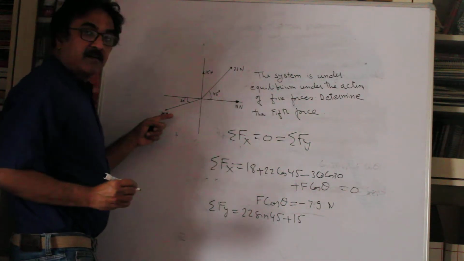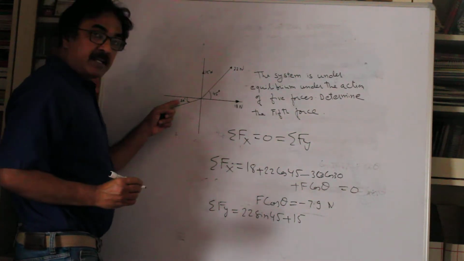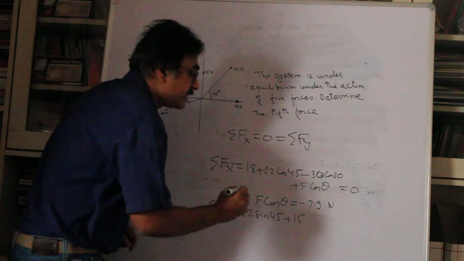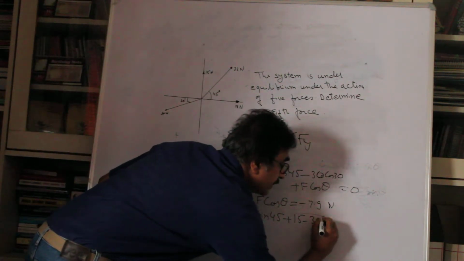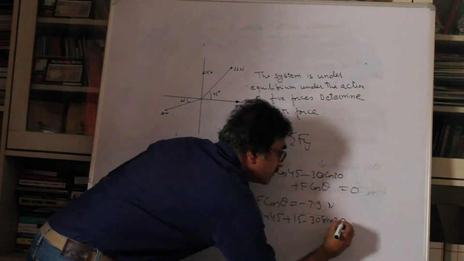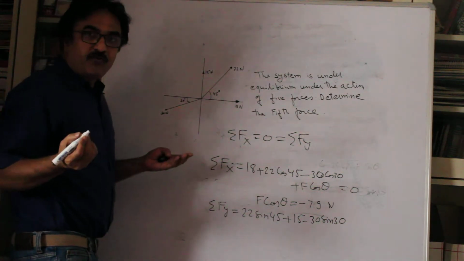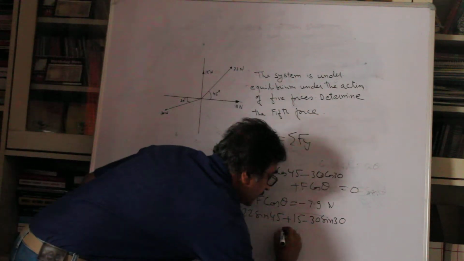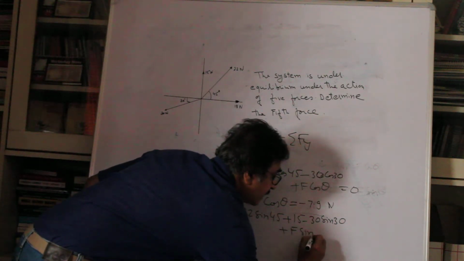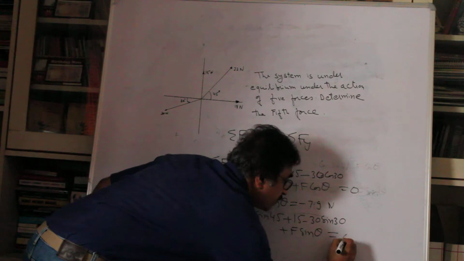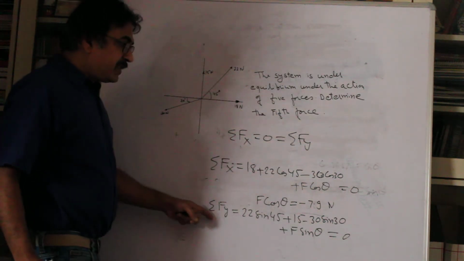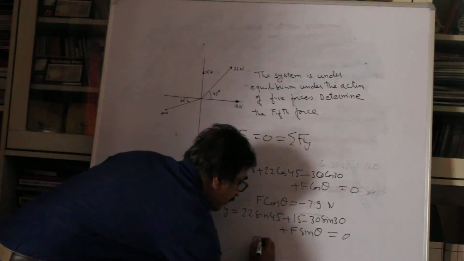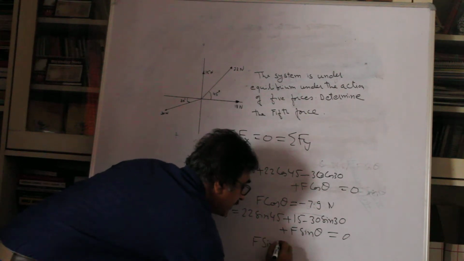This force resolved vertically, 30 sin 30, will be downward, so it's minus 30 sin 30, and then the unknown force F, so we'll say plus F sin theta, this is equal to 0.